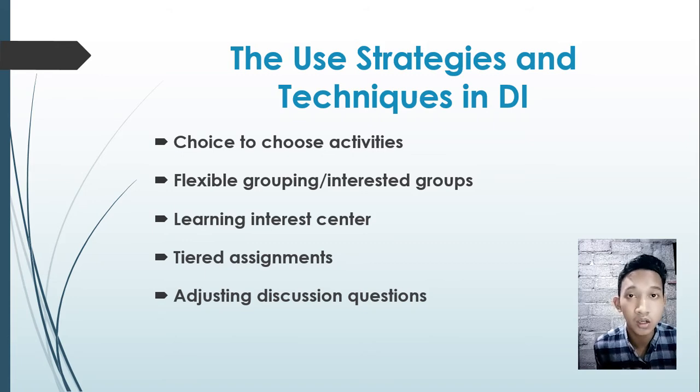So differentiated instruction will make classrooms more effective. Why do I say that? Because there is a relation of collaboration between the teachers and the students. So it means that the teachers and the students are active participants in the classroom environment.